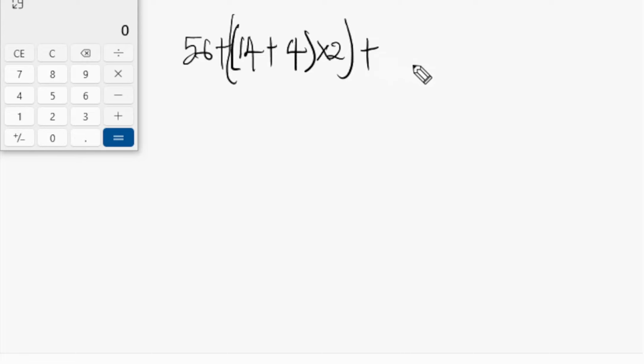We're going to also add sulfur, and sulfur is 32. Then we'll add oxygen times 4. Oxygen is 16, and 16 times 4 is 64.